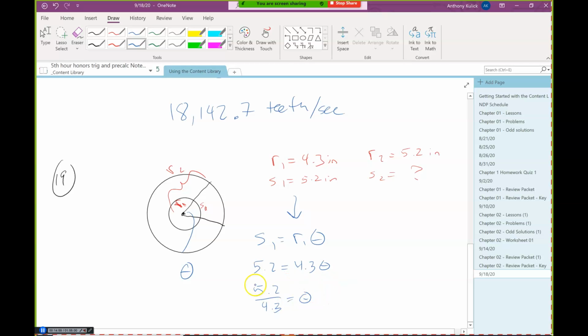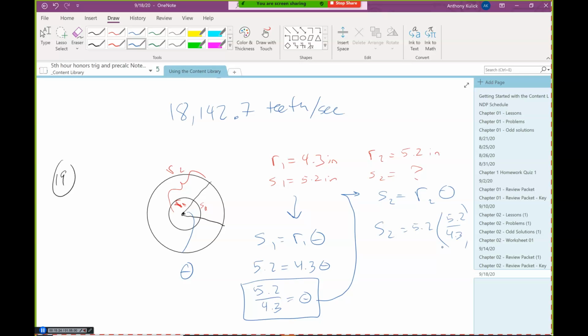And then I can use that answer for theta to solve for the arc length in the bigger sector. Haley, how's that feel?